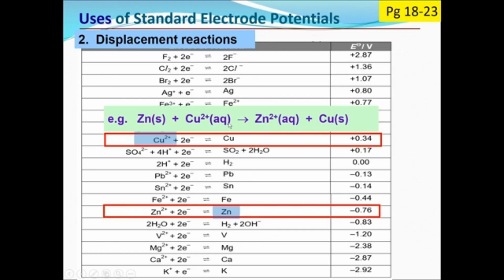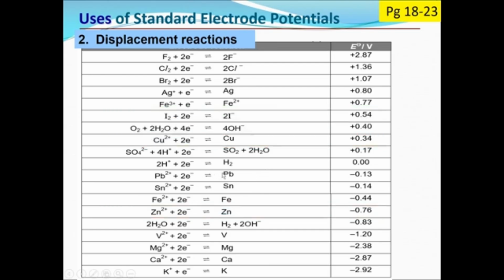Without going into the depth of the calculation, just by observing a more negative value for the species on the right hand side, it would easily react with the species on the left hand side, or displace them. For example, in group 17, fluorine would displace Cl minus and chlorine would displace Br minus, and so forth.